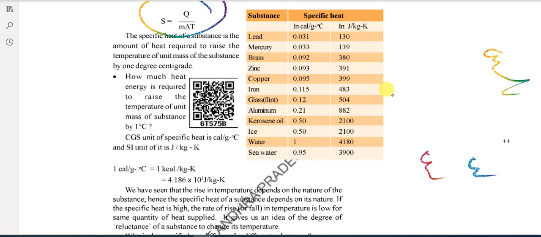In Celsius, calorie per gram degree centigrade, and in SI, the unit of specific heat is J per kg per Kelvin. You compare here calorie, here joule, here gram is kilogram, degree centigrade, Kelvin. So the comparison is very important.